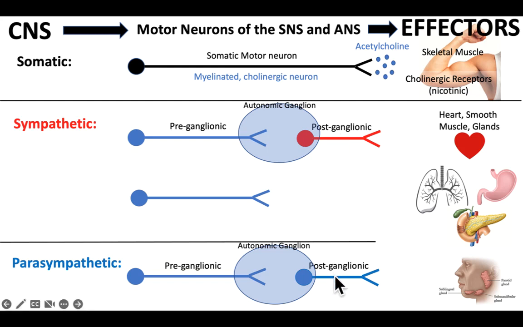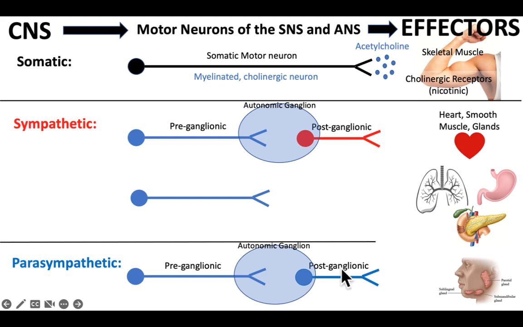And this is the parasympathetic postganglionic. So we're just naming them based on where are they, before the ganglion or after. And you'll notice the postganglionic neurons are the ones that control the effectors ultimately, right? They're the ones that are going to be stimulating or inhibiting these organs.